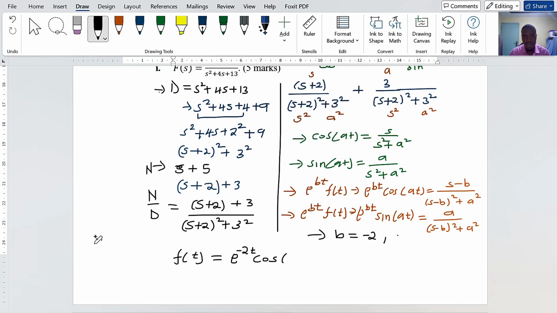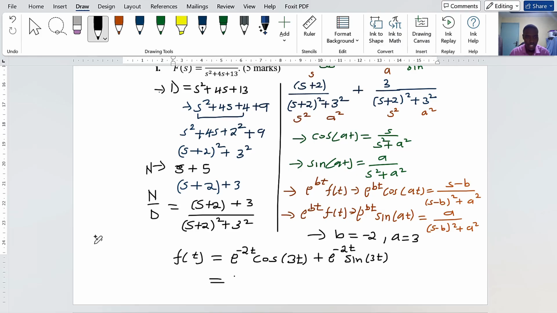Our a from this particular diagram is 3. So plus cos 3t, then plus e^(negative 2t), again b is negative, then sine 3t.